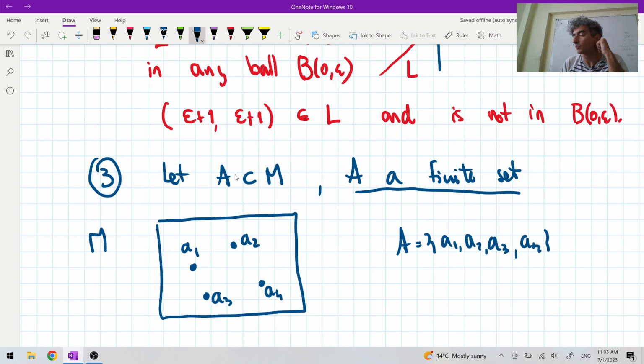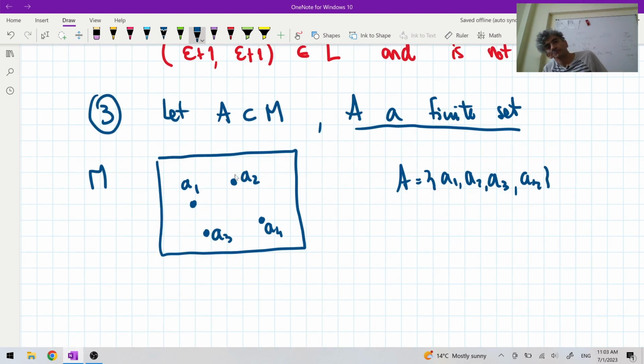Some things happen with A. First of all, A is going to be bounded. If a set is finite, then it is automatically bounded.